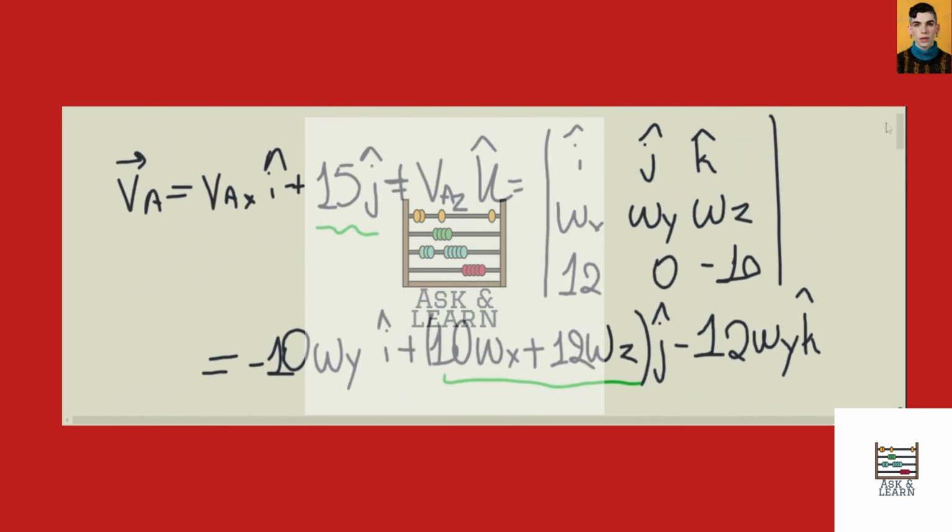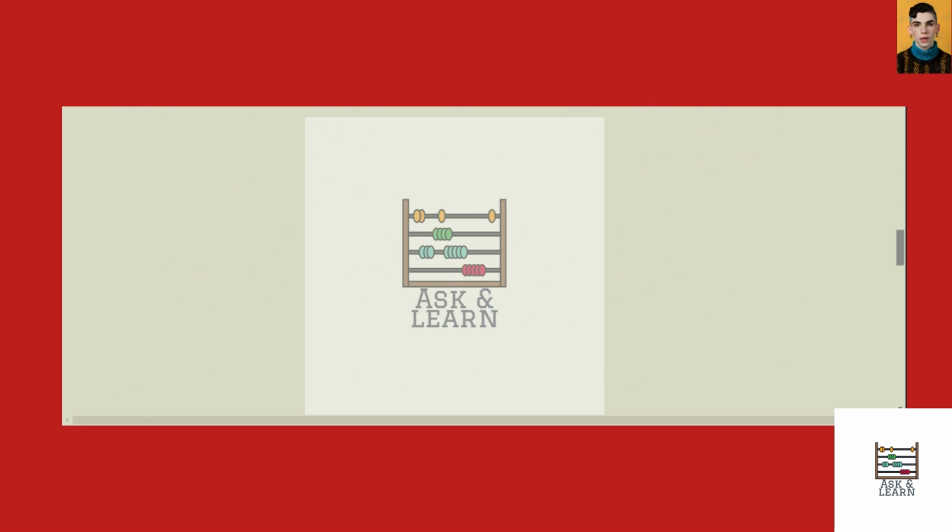go back here and check again the y component. Given that this is just 0.75, we can calculate the x component of the angular velocity.